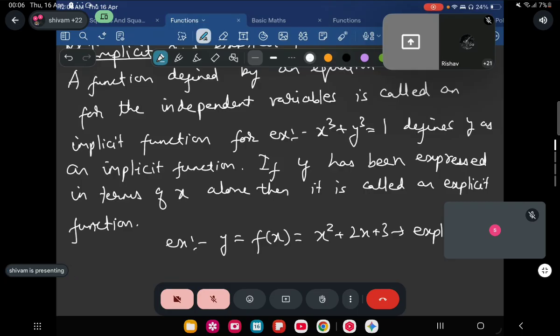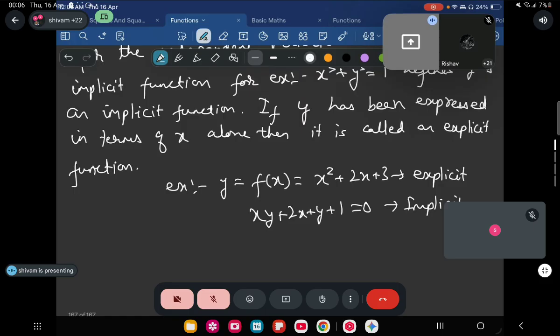Next, xy plus 2x plus y plus 1 equal to 0 is an implicit function. Next, what do you think? y equal to x plus 2 is explicit or implicit? Explicit.